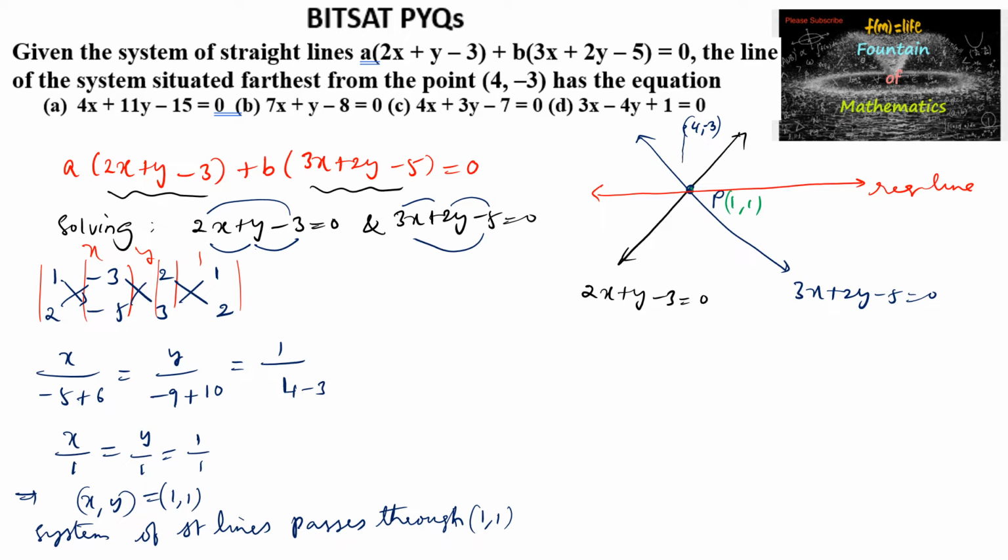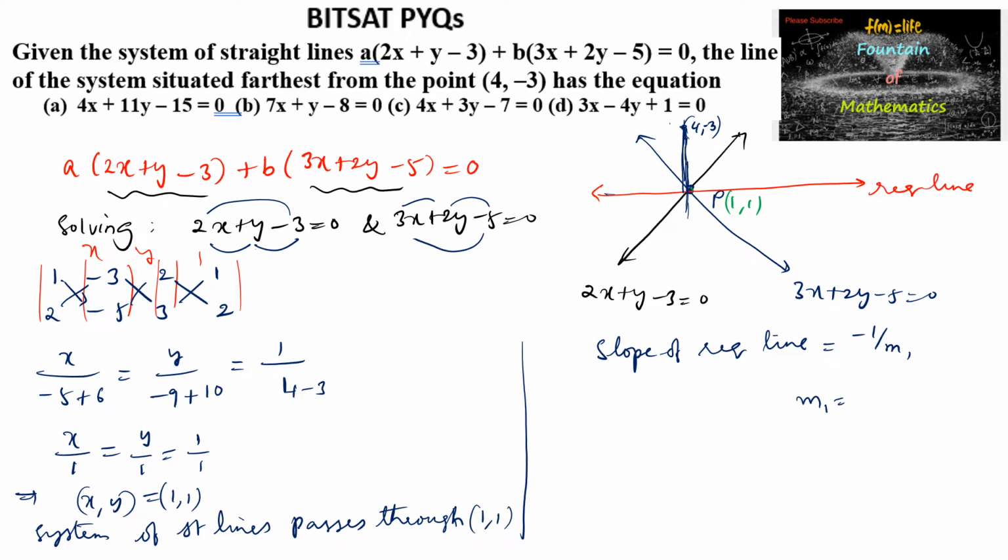So it is the farthest, which means the perpendicular distance, so our line must be perpendicular to the line joining 1 comma 1 and 4 comma minus 3. So the slope of the required line can be taken as minus 1 by m1, where m1 is equal to y2 minus y1.